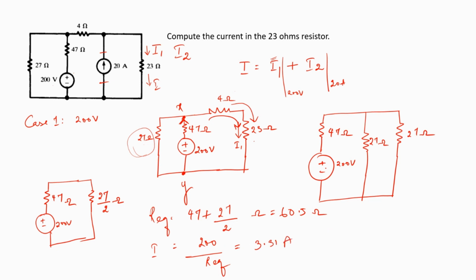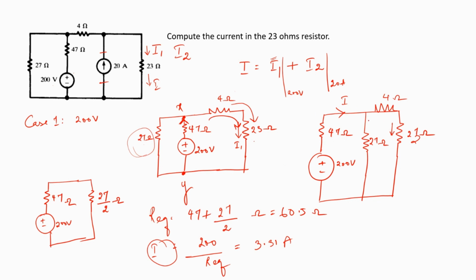Now let's look at this circuit. What we need to find out is the current through the 23 ohms. Let me split this up again for simplicity. This is the 4 ohms, and this is my 23 ohms again. If I find this total current I, it splits into two.